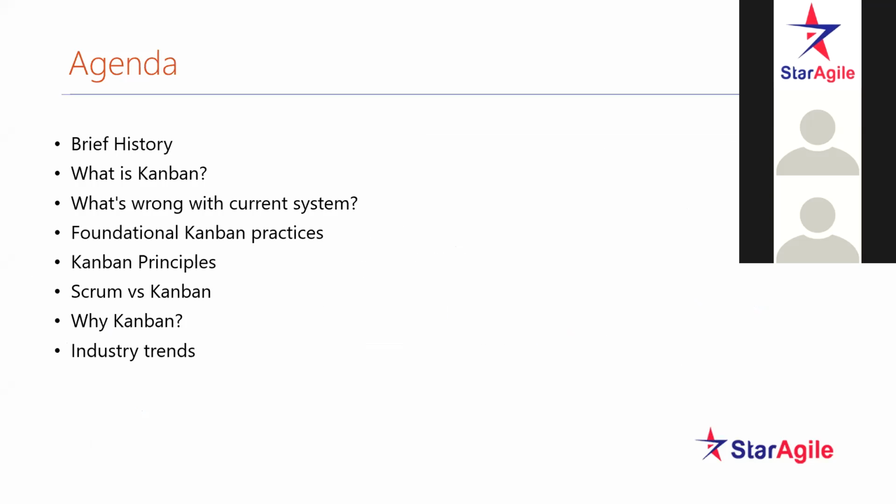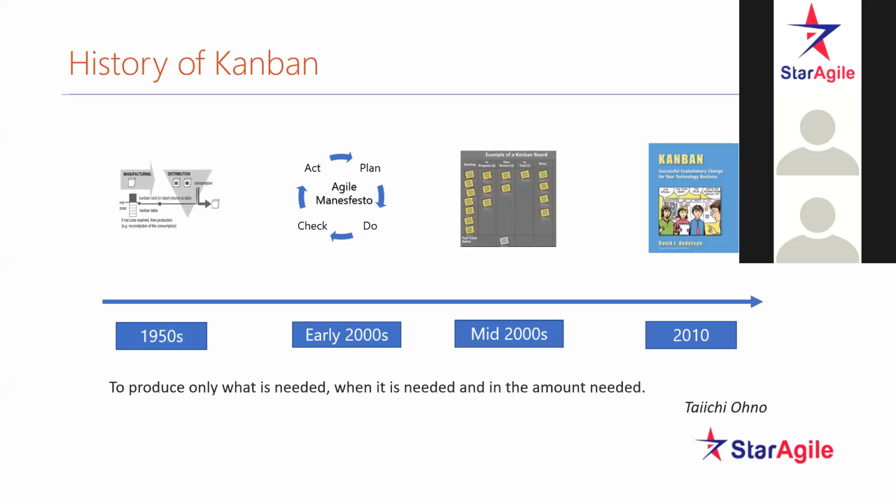Okay, so in terms of Kanban, if I have to talk about the history of Kanban, after World War II, can you guys go on mute, Chinmay? Okay. After World War II, the Japanese car industry was stagnated and they could not compete with the American car manufacturers.